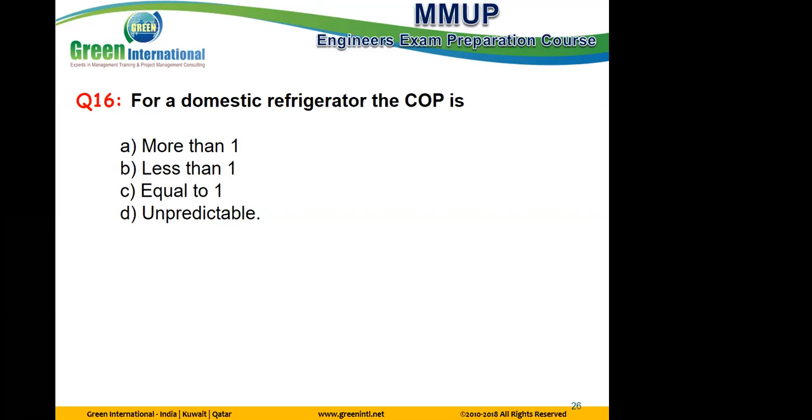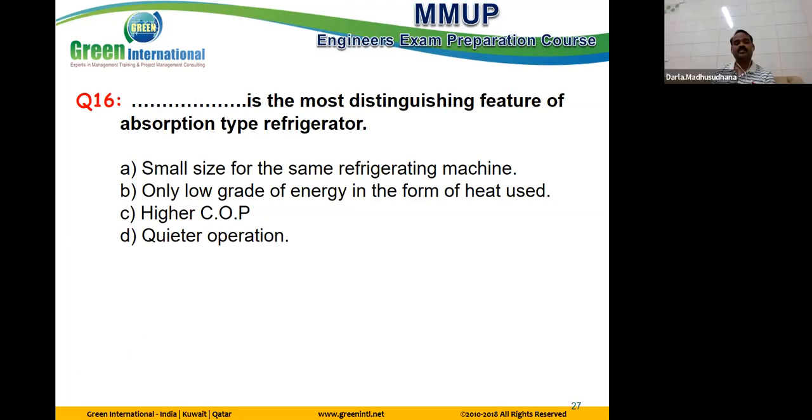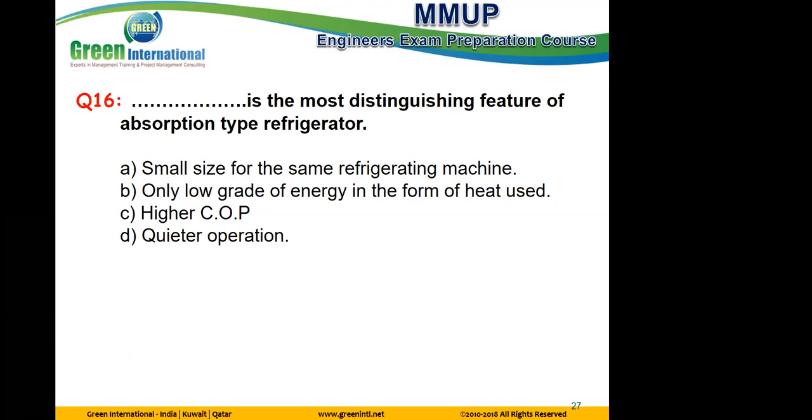Almost all more than one. What is the most distinguishing feature of an absorption type refrigerator? D, quieter in operation.